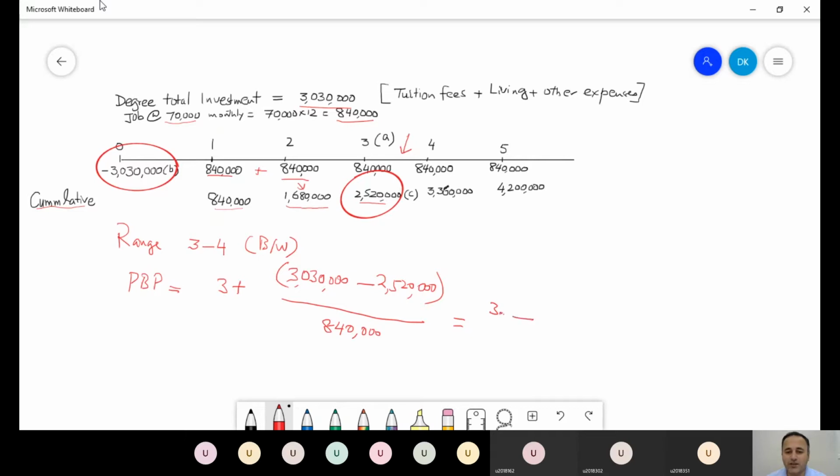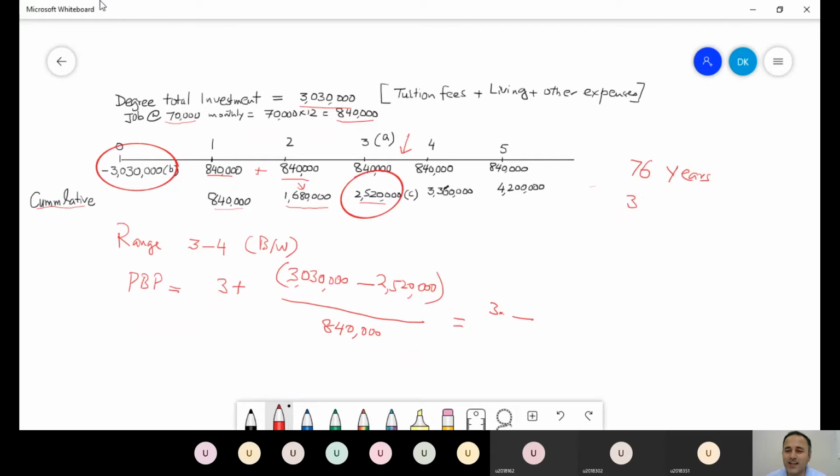3 point something, okay? Now, some of the students, and as I always emphasize, please develop number sense. What I really meant is that one student said the payback period for his or her degree is 76 years.